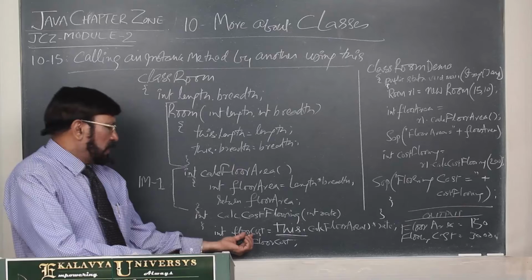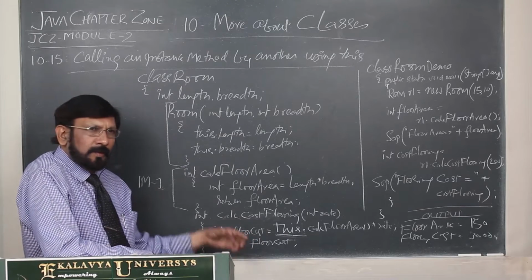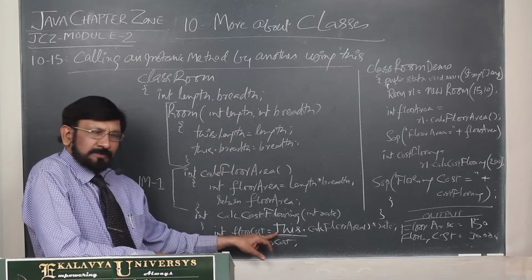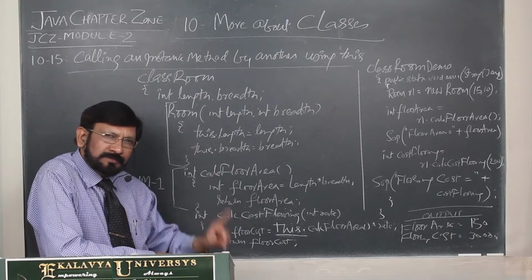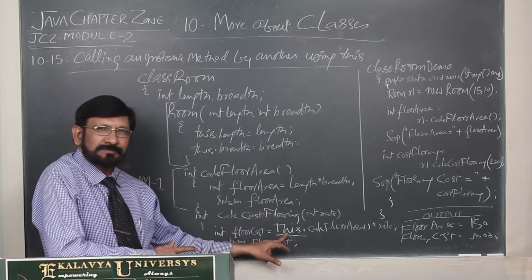By that, you are able to get the floor cost that you are returning. Okay, here our main focus is on this point. One instance method, in order to perform its task, calls the other instance method using this.